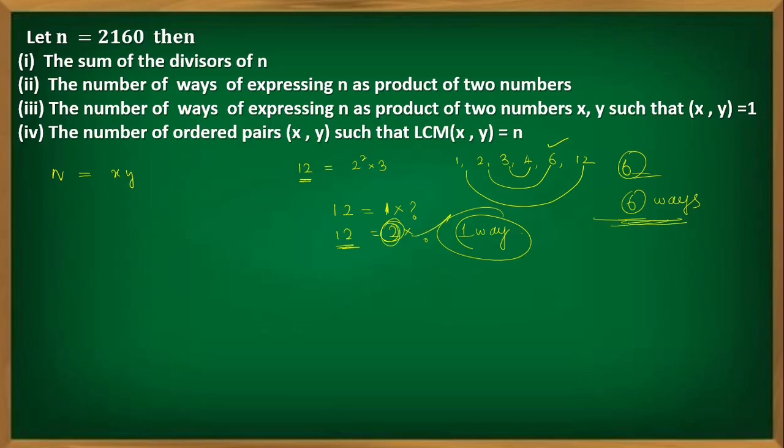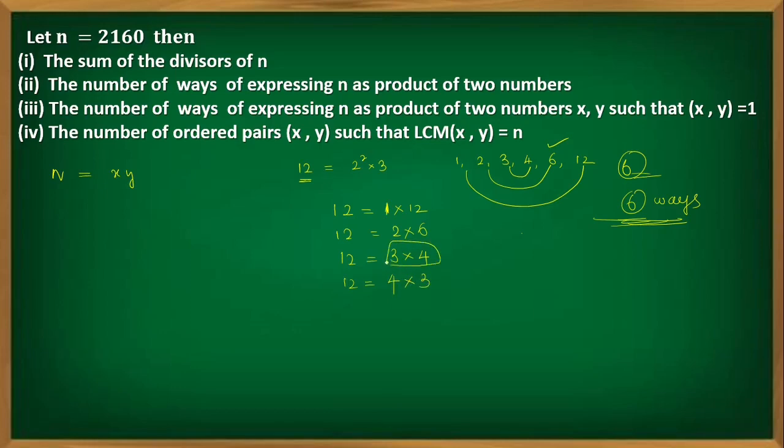But if you observe carefully, there is an overcounting in this. Now, how? Let's see. Whenever you write 12 equal to 1 into 12, whenever you start with the divisor 2, you are going to fill the second place with 6. Whenever you start with 3, you fill the second place with 4. Now whenever you start with the fourth divisor 4, you are going to write 3.